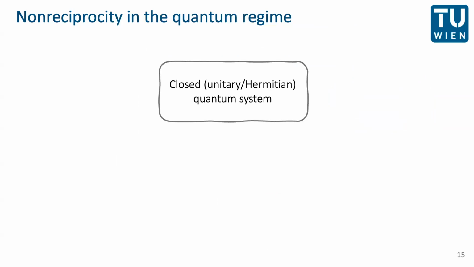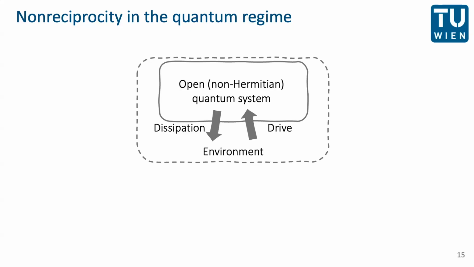If you use a closed quantum system to describe your system, so if you can write a Hamiltonian of your system with only unitary and Hermitian dynamics, well, then everything is reciprocal. But some systems do talk to the environment, and in that case there is dissipation and drive, and then you turn to the open quantum system. In that case, the dynamics is non-Hermitian.